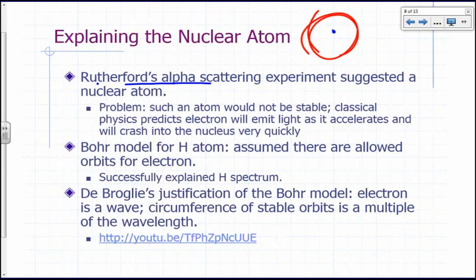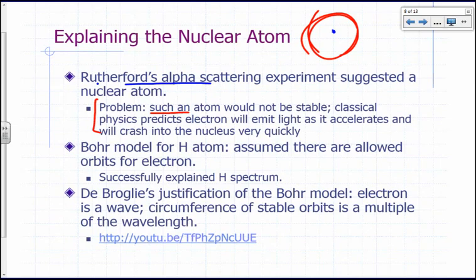Now, there's a problem with that at the time. Experimental evidence suggests that that is the way atoms are: you have a nucleus and electrons around the nucleus, and mostly empty space. But the problem with that, based on classical physics, is that if you have electrons going around in circles around a nucleus, those electrons are accelerating.